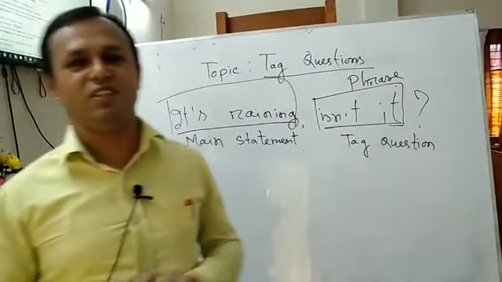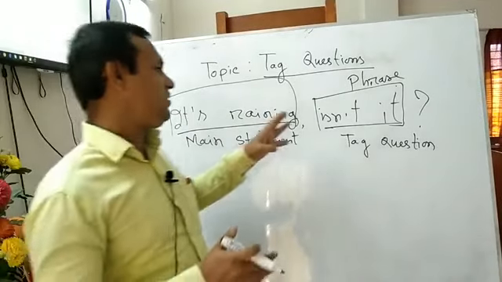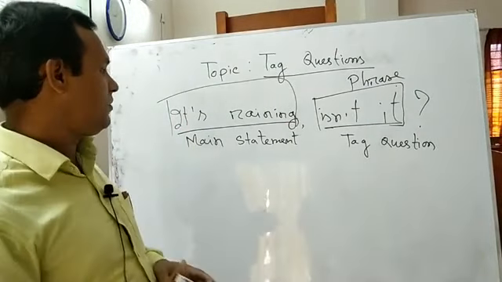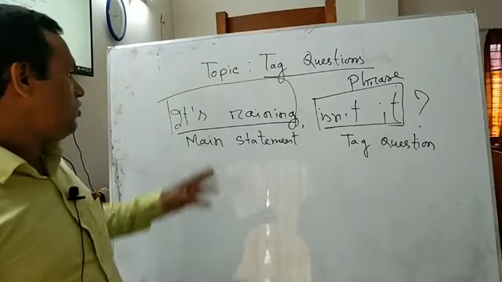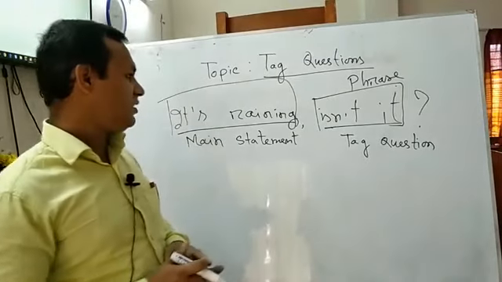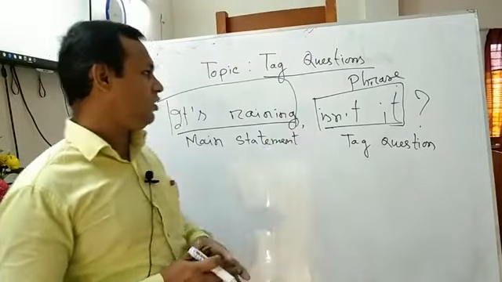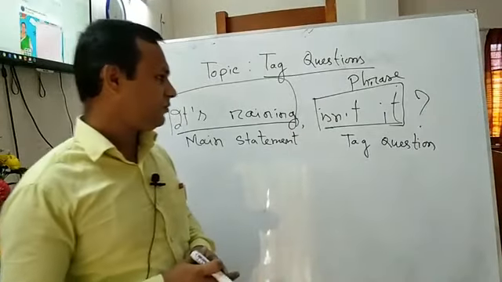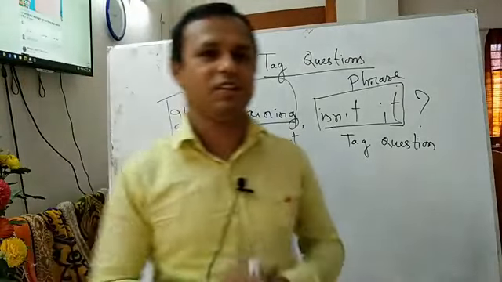We can define it this way: a tag question is a phrase that starts with an auxiliary verb and turns the statement into a question, or checks that the statement is correct.